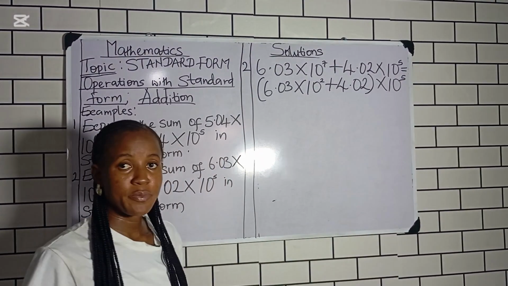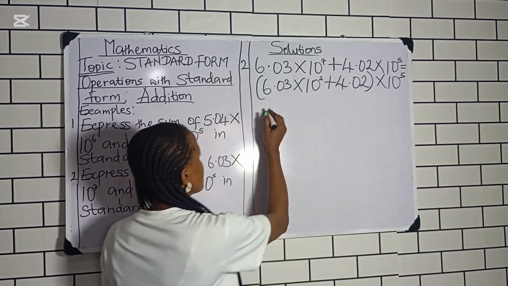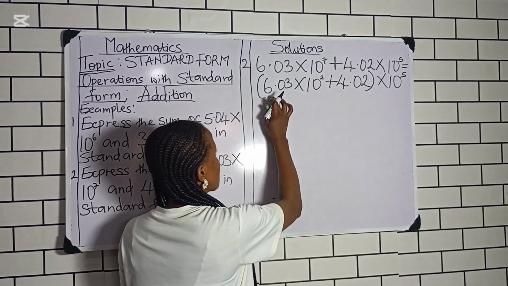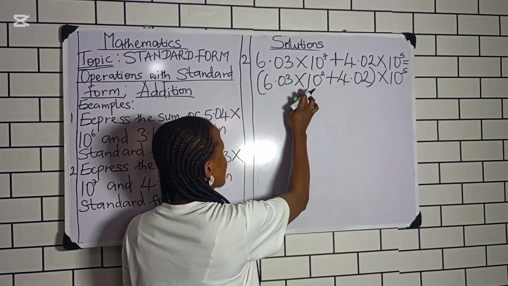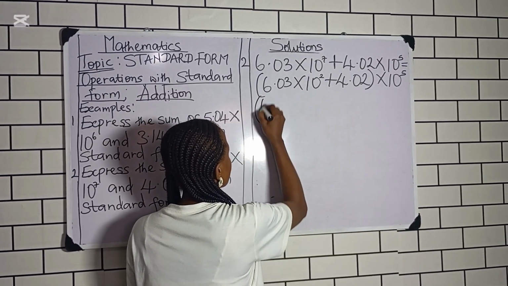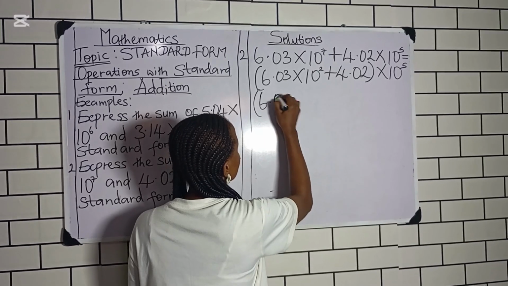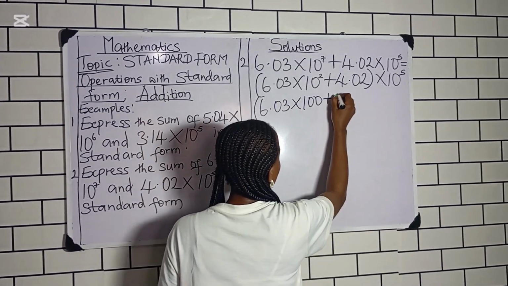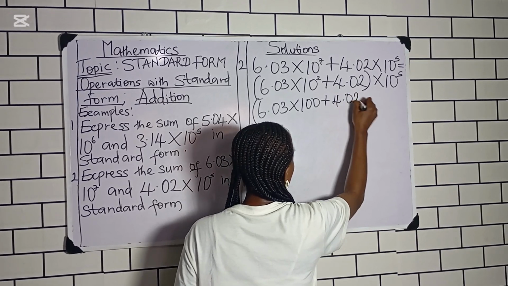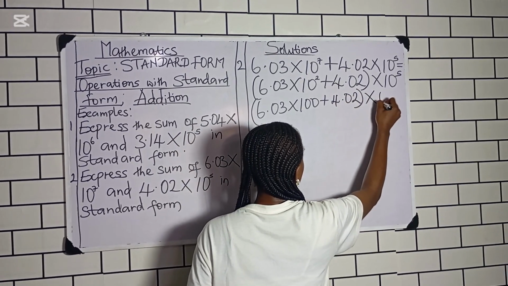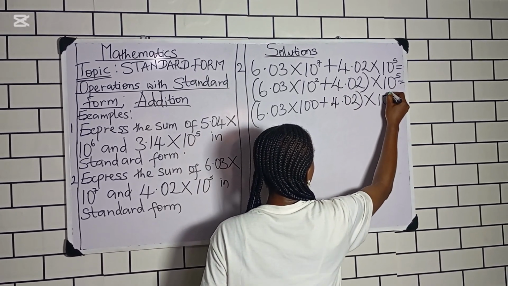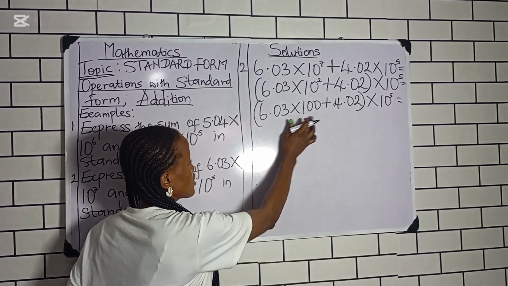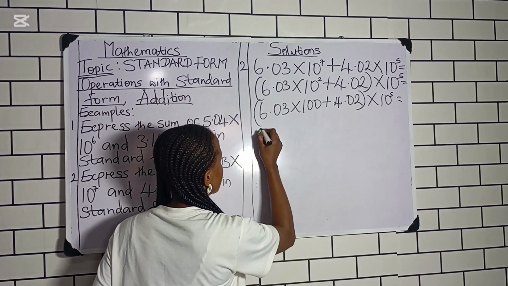Now we are going to multiply out. Here, 10 raised to power 2 is equals to 100. Now 6.03 times 100. Let me write it down. 6.03 times 100 plus 4.02 bracket times 10 raised to power 5 will be equals to. Now 6.03 times 100 will give us 603.